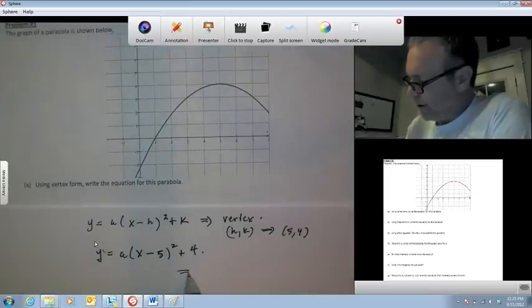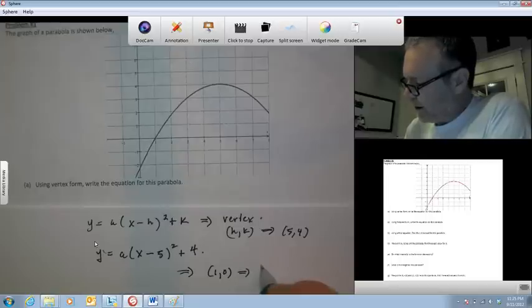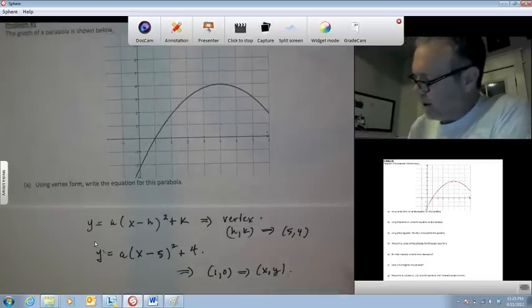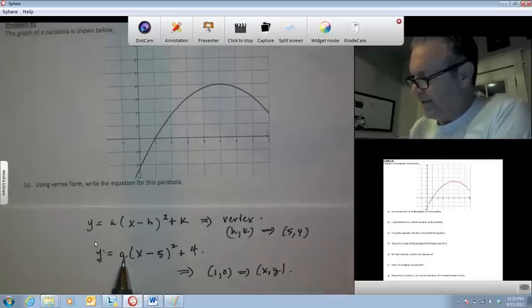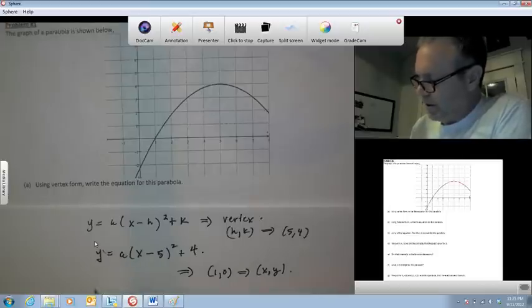We're going to use that point, (1, 0), as our x, y to find that a value. So we're going to plug in the 1 for x and the 0 for y, and then solve for a.